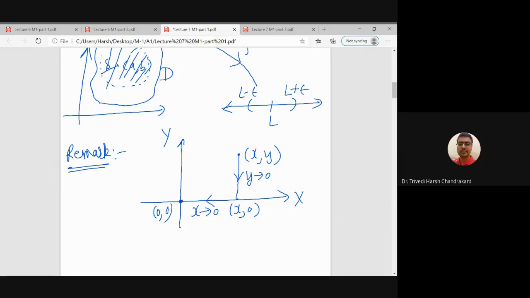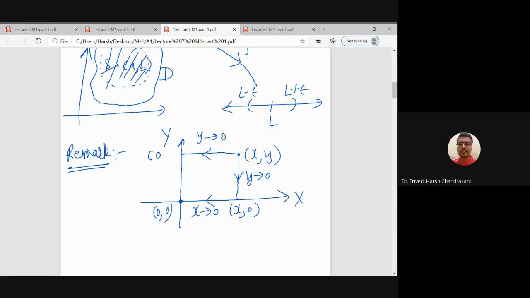This is one path along which we are approaching (0, 0). We are taking the limit along this particular curve. In the same way, we can first take y approaching 0, and then we come to the point. Am I right? Have I done it correctly or not?